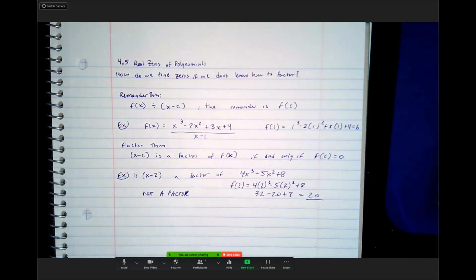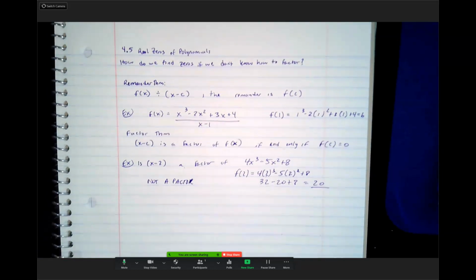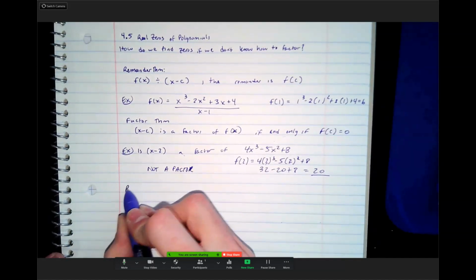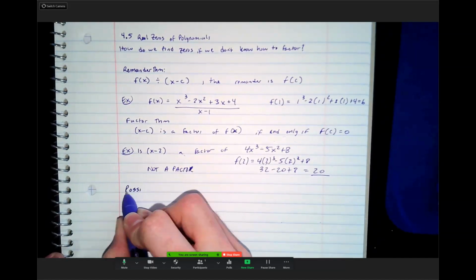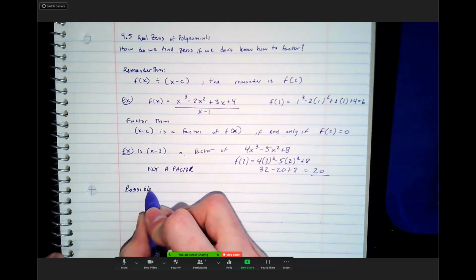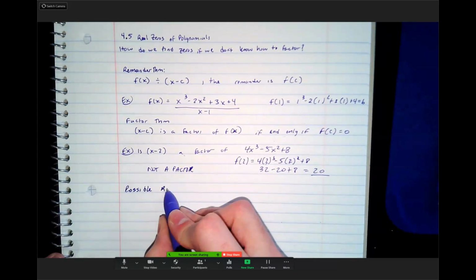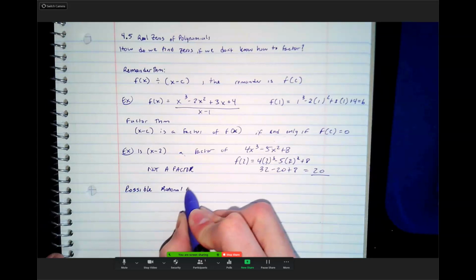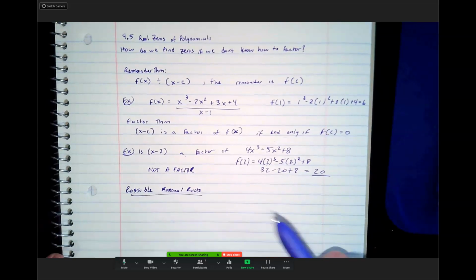So let's get to what... Oh, you know what? There's one thing before we actually get to it. The last theorem we have to talk about is the possible rational roots. Fancy name is the rational roots theorem.